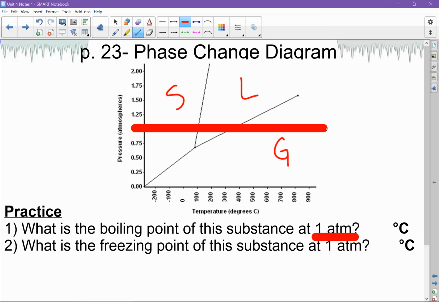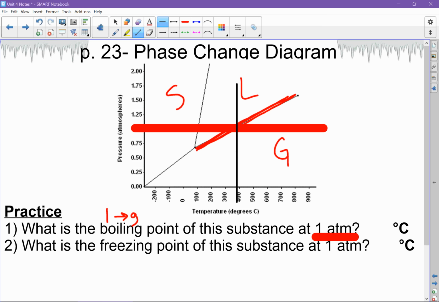Now, if I want boiling, remember, boiling means that we're going from a liquid into a gas. So that happens along this line. I want to see where those two things come together. Here's my 1 atmosphere, and here's where boiling happens. Maybe I want another vertical line like this, to see where all of those things come together.